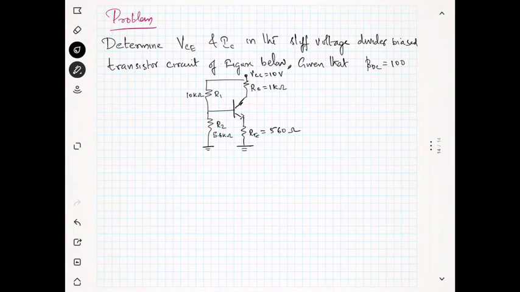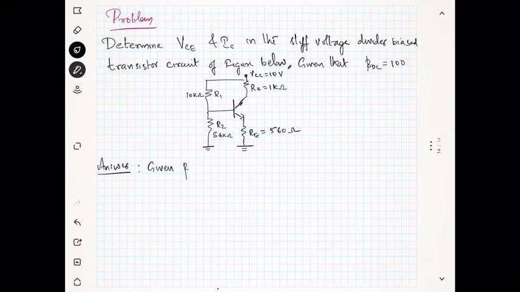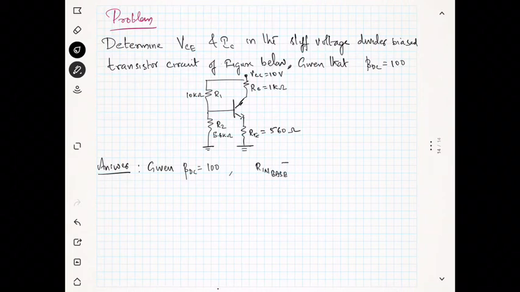Now first of all, given beta DC is equal to 100, right? So we will calculate R in base first. R in base is nothing but beta DC times RE.